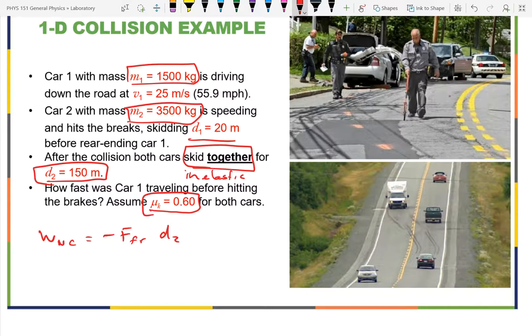So that's why there's a minus sign. For the force of friction, in this case, we're assuming a horizontal road, which means that the only vertical forces are the normal force up and the force of gravity down. Hence, the application of Newton's second law is trivial. The net force in the vertical direction, force normal minus force gravity, is equal to 0. Hence, force normal equals force gravity, which is (m1 plus m2)g, because they were stuck together.